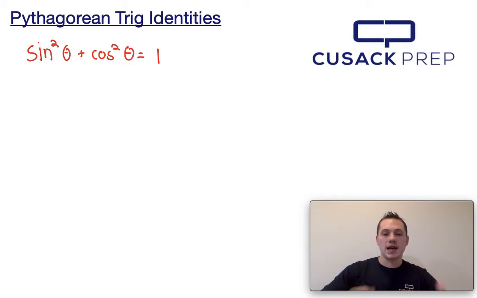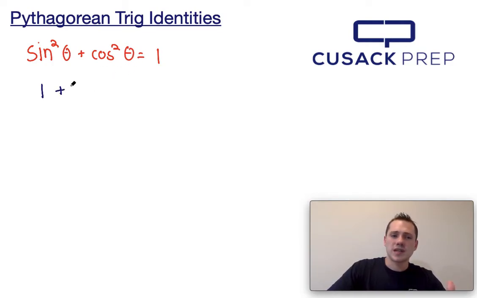Now, if we want to get to the other Pythagorean identities, what we have to do is just divide every single term in this by sine squared or by cosine squared. So I'm going to start with sine squared. If I divide sine squared of theta by sine squared of theta, I'm going to end up with 1. If I divide cosine squared of theta by sine squared of theta, well, cosine over sine, that's cotangent.